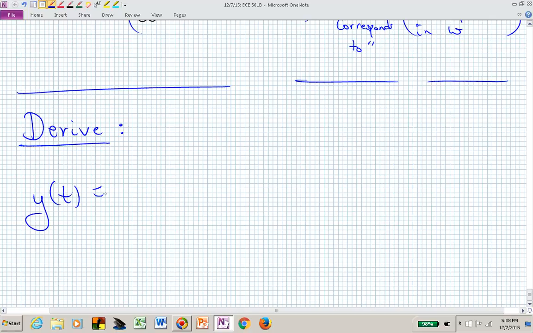We start with y of t. That's this integral from tau equal minus infinity to infinity, x of t minus tau, h of tau, d tau.